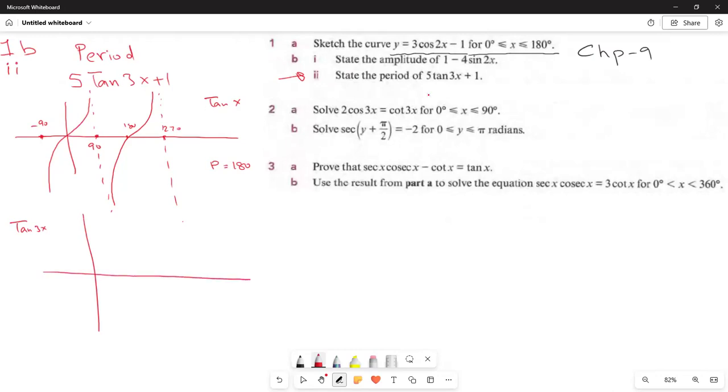It will shrink in the x-axis by 3 times. So instead of 90, it will go from 30, something like this, and this is minus 30. So the graph will go from 30 to minus 30.